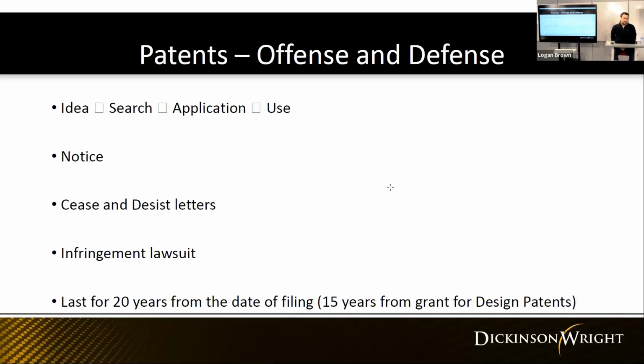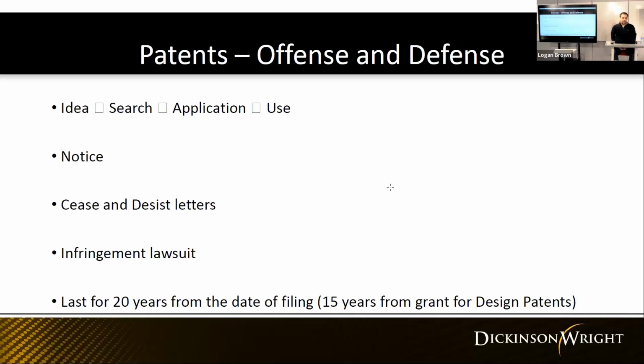deciding to sell. Once you receive your patent, you'll want to typically enforce it through cease and desist letters once you identify technology that you think is infringing on your idea. That cease and desist letter is another way of putting them on notice that they're infringing.